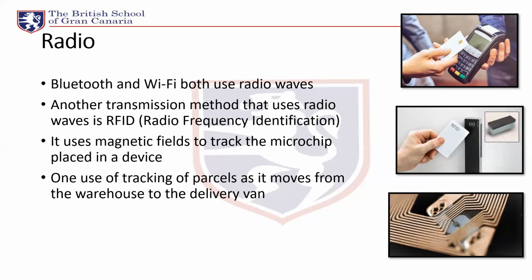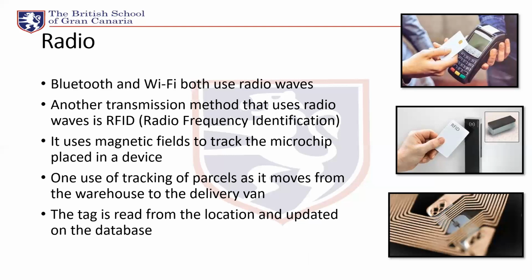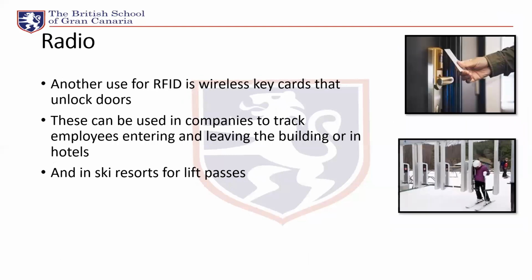So for example, if you order something online from Amazon, it's got an RFID chip on it, and then there's a radio signaler that can track whether your parcel has left the depot and been out in a van for delivery. So the tag is read from the location and it's simply updated on the database. And then when you log into your account, you can see where your parcel is.